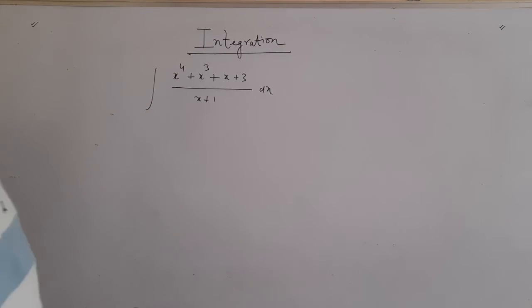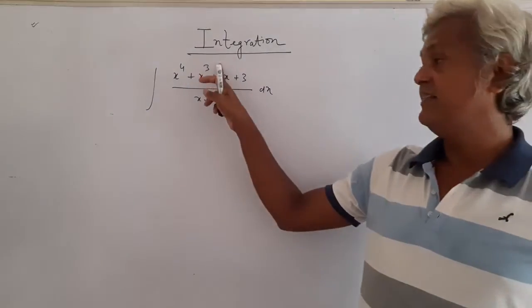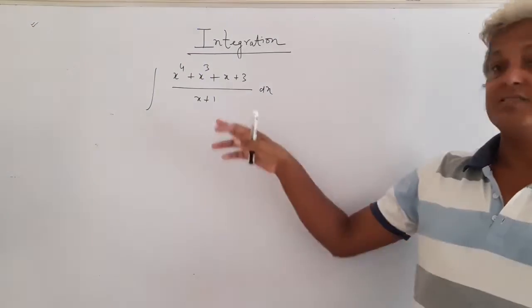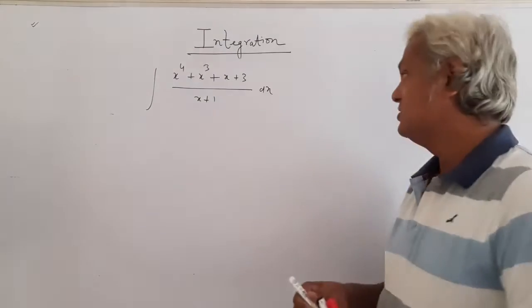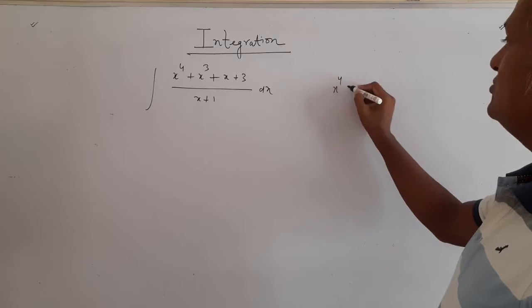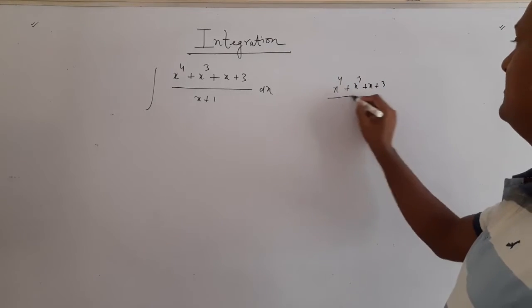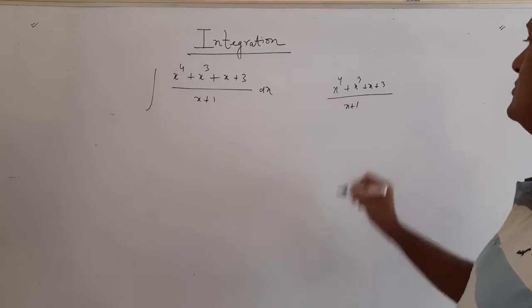We will use the idea of the division algorithm, which says that the dividend can be written as the quotient times divisor plus remainder. So instead of going for this form, I can directly divide x to the power 4 plus x cube plus x plus 3 by x plus 1.